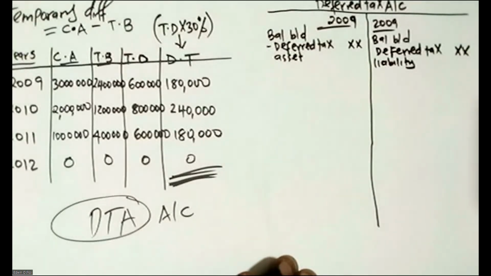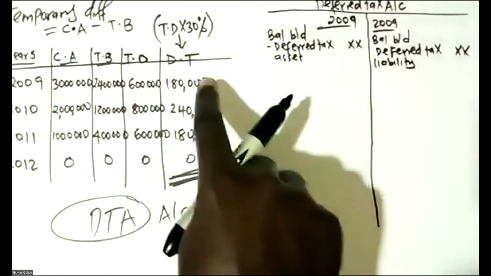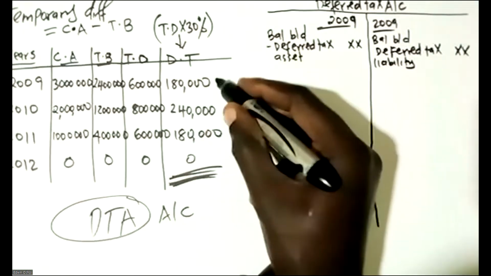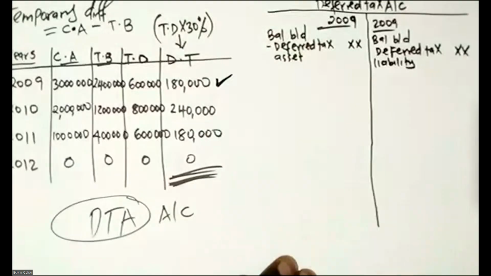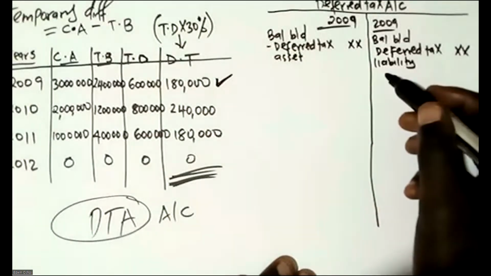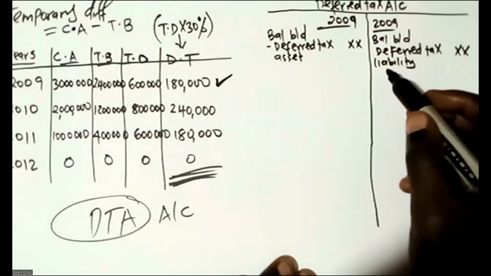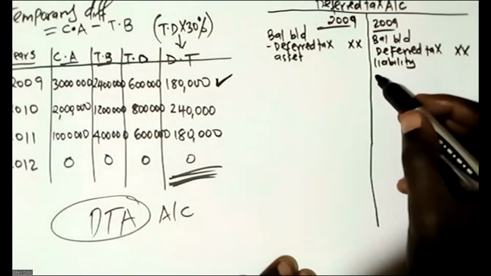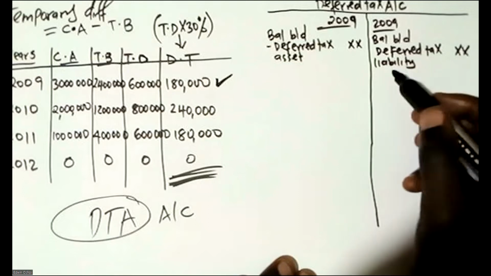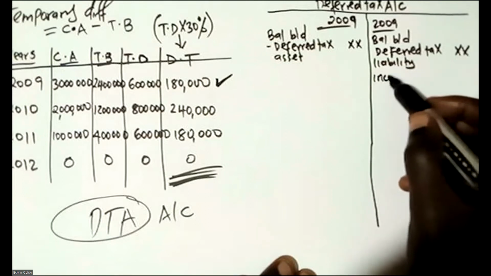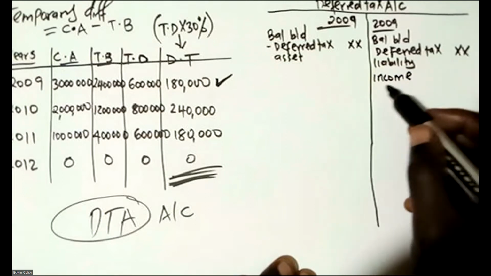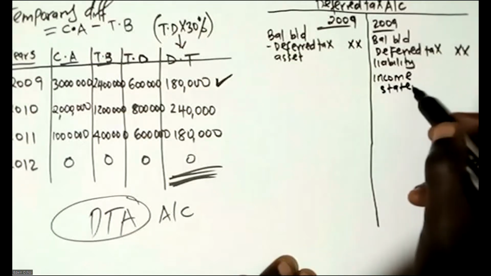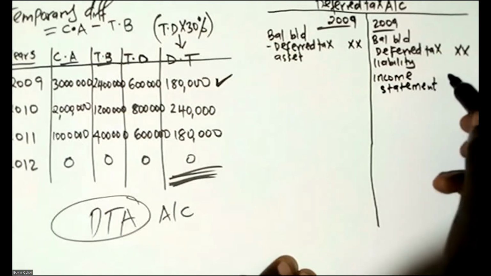There's nothing. So the only thing which was here, they made a provision of 180 this year for deferred tax, meaning that this one will affect the income statement. So I can even write income statement to avoid a lot of stories.